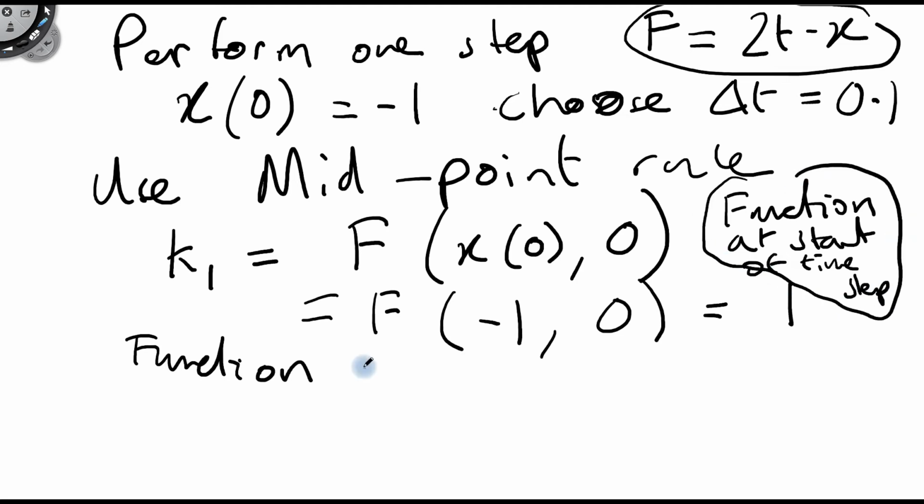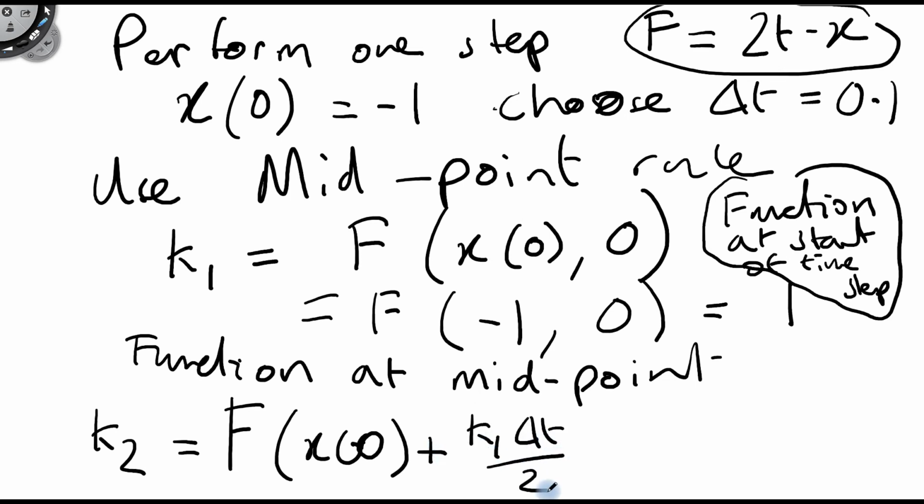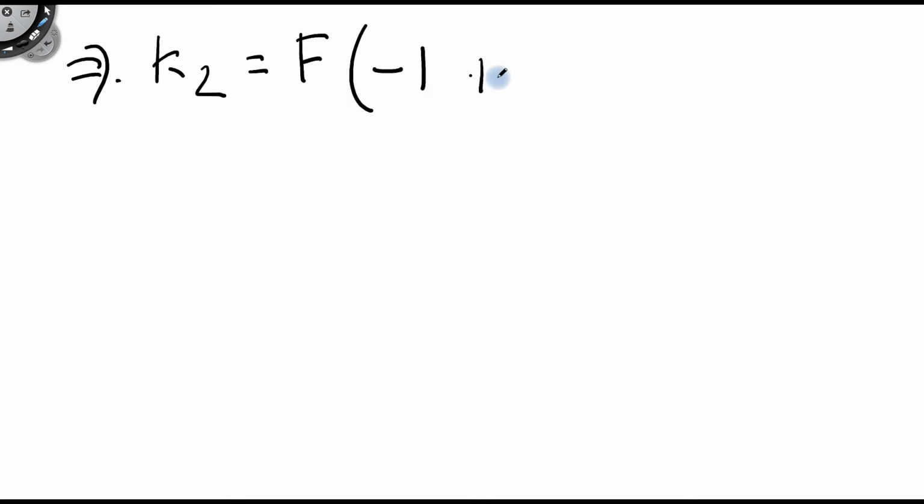Got that. The function at the midpoint of the time step is approximated by K2, and K2 is f of x0 plus K1 delta t on 2, at time delta t on 2, because we're starting from time 0 and going to the midpoint. So K2 equals f of x0, which is minus 1, plus K1 times delta t on 2.